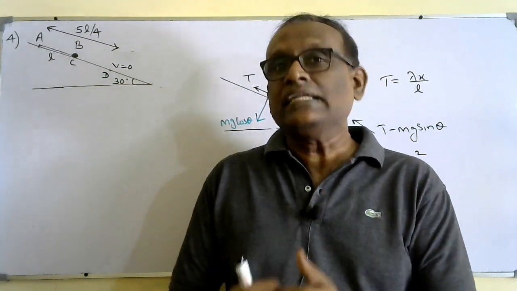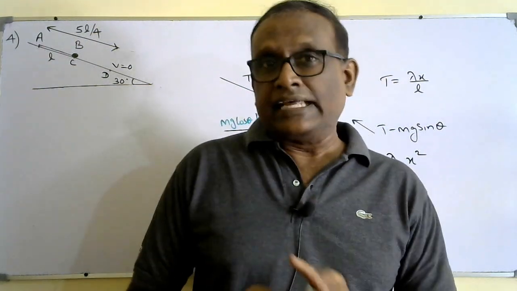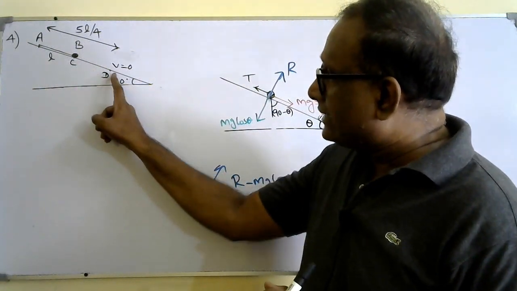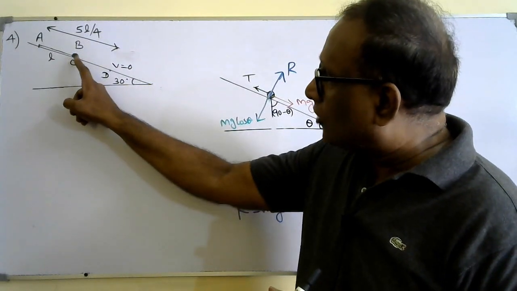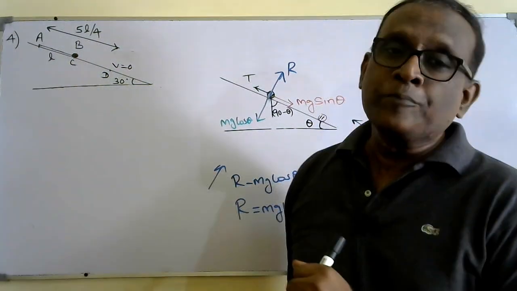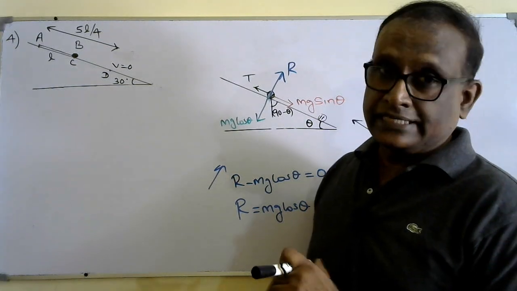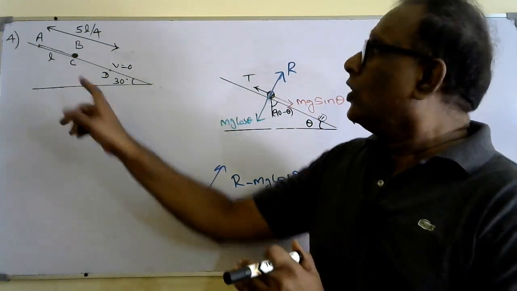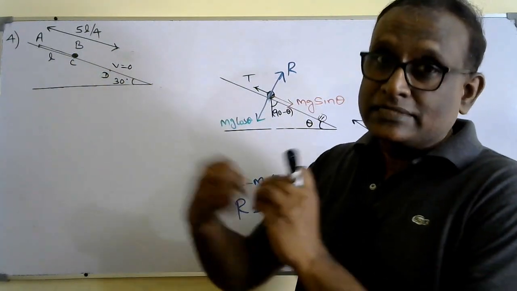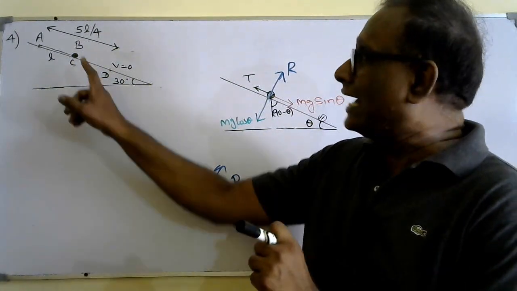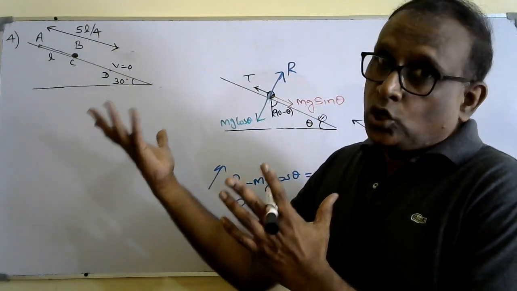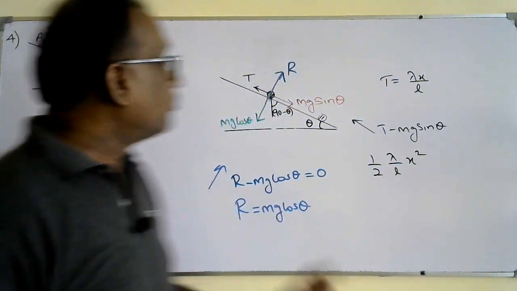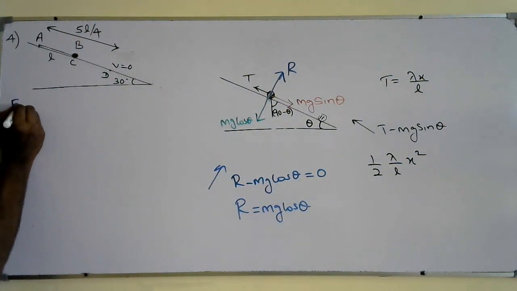So the final energy equation that we could write when it moves from C to D: loss in gravitational potential energy, because it has gone down from C to D, the vertical drop, is equal to gain in elastic potential energy. The elastic string has extended when it comes to the point of no kinetic energy.